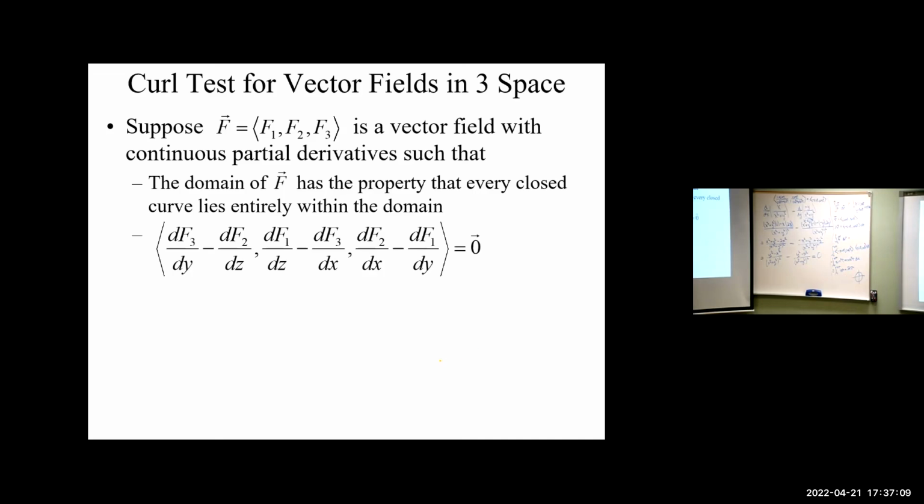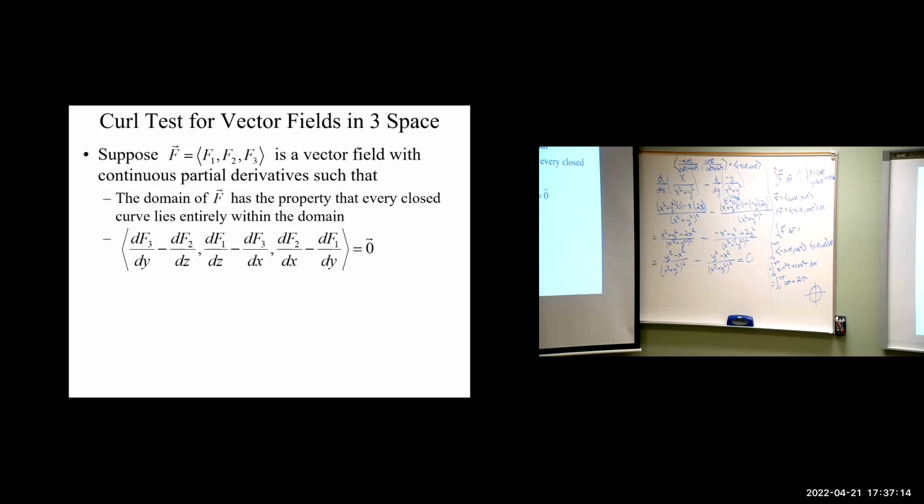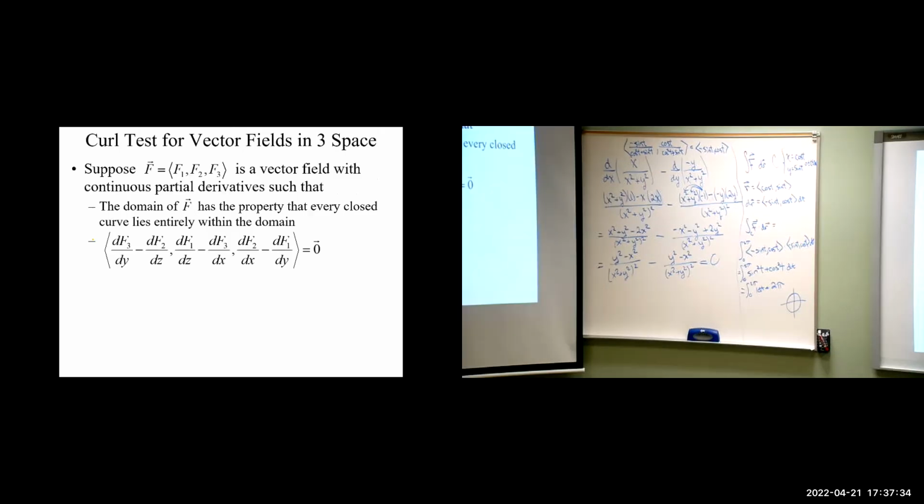And one of the things that we talked about in here last time is because it has to be equal to the 0 vector, which means all 3 components have to be 0. If any of these 3 components are not 0, we're done.